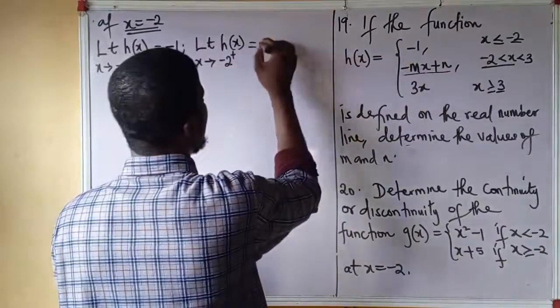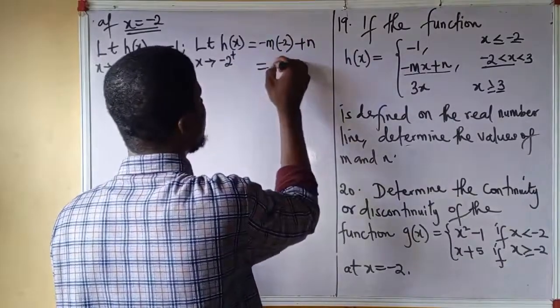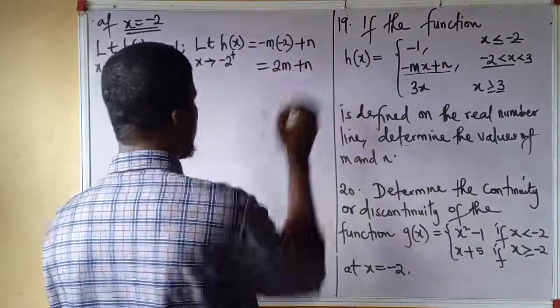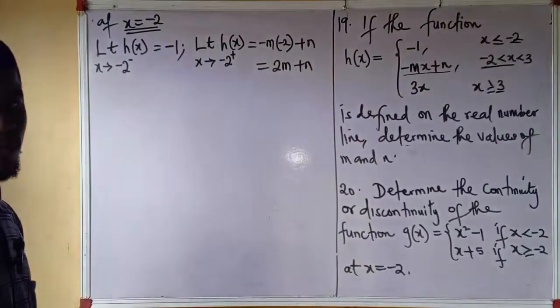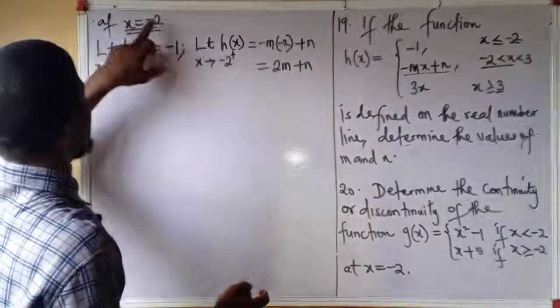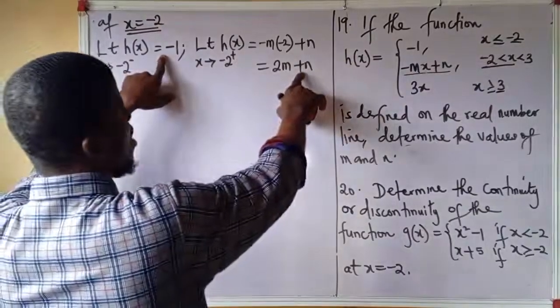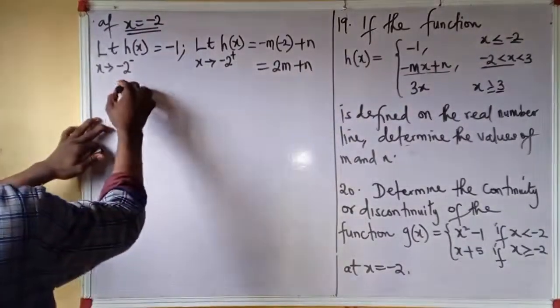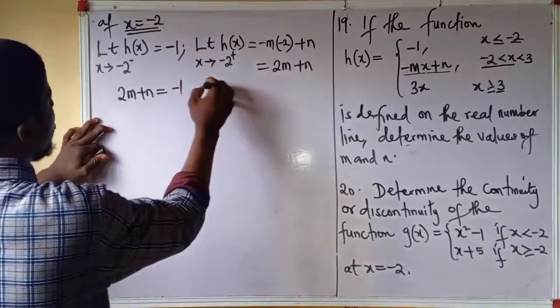This will be minus m into minus 2 plus n. And what would that give me? 2m plus n. So for continuity of this function at x equal to minus 2, the left hand limit must be equal to the right hand limit. And that means that 2m plus n must be equal to what? Minus 1. Equation 1.